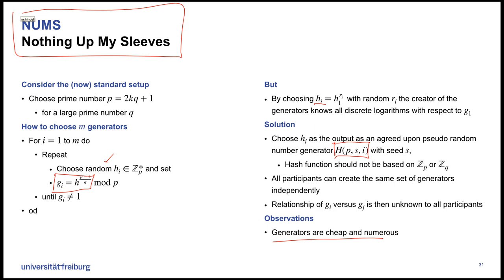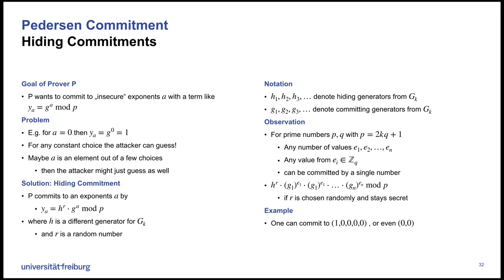Okay, so that was a lot of groundwork. And if we have random generators, we can do something called hiding Pedersen commitments. So we want to make sure that A may even be equal to 0, or A is equal to 5 or something. We want to commit to that value.